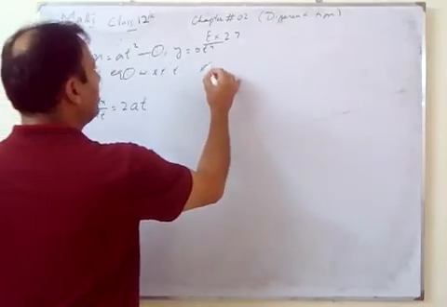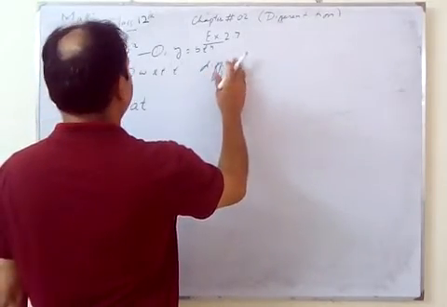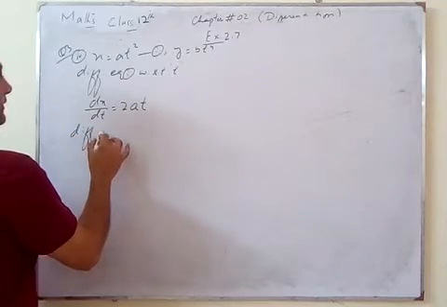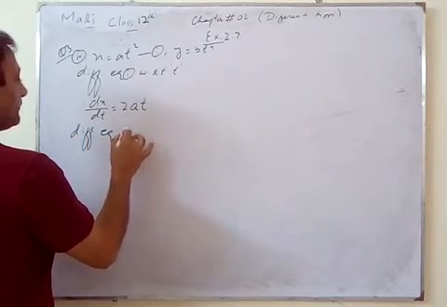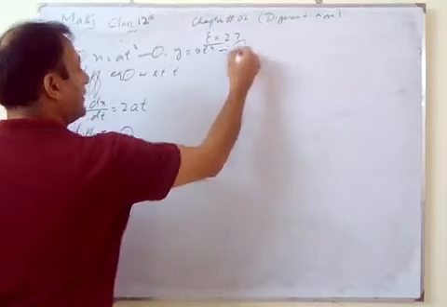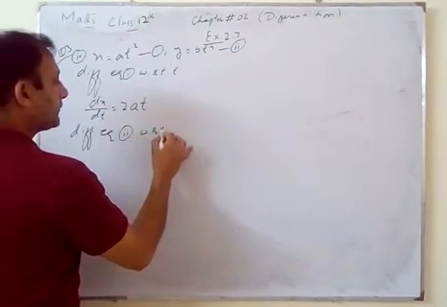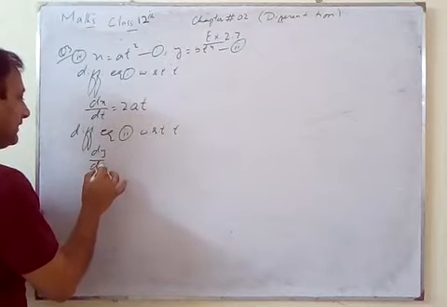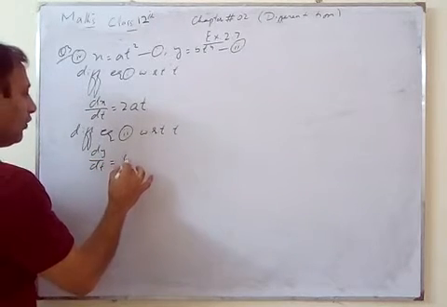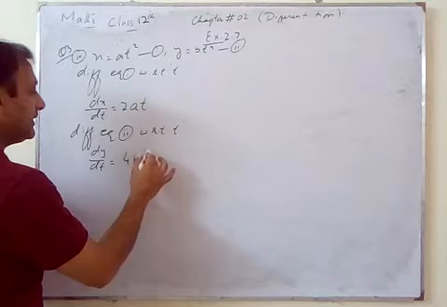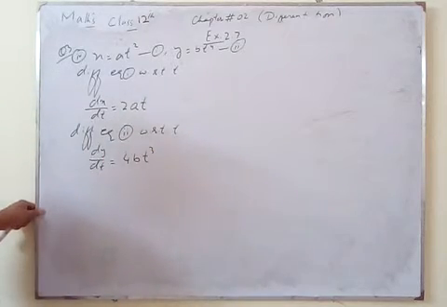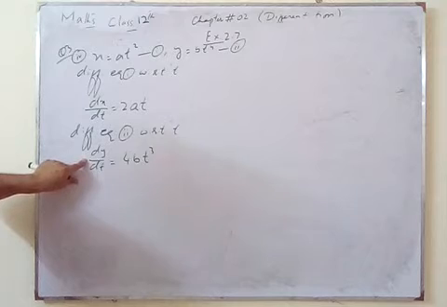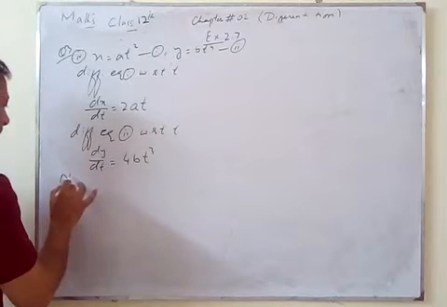Here differentiate equation 2 with respect to t. So dy by dt is 4b t cube. So this is the value of dx by dt, and this is the value of dy by dt. Now what do we have to find?